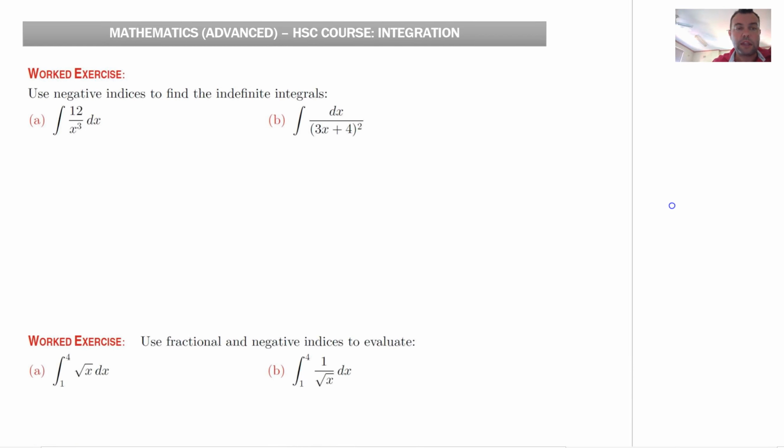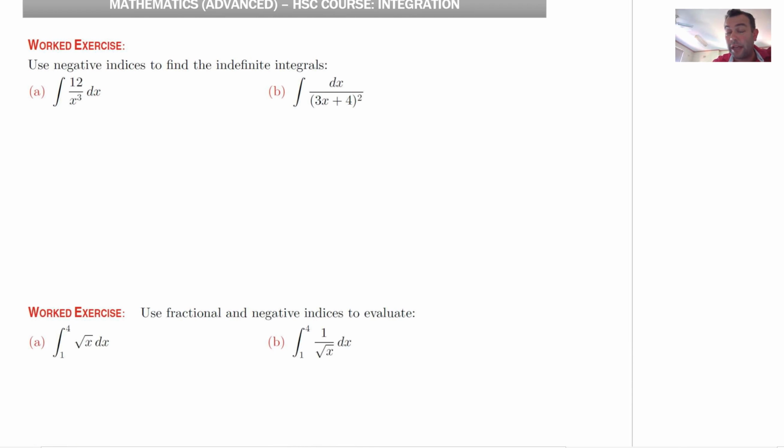Next up, let's look at how we integrate functions, or integrands, with what should be a negative exponent. That's not negative, that's a 3, but it's in the denominator. So we're first going to rewrite that as 12x to the negative 3. I need to find the integral of this dx. That's what I'm trying to integrate.